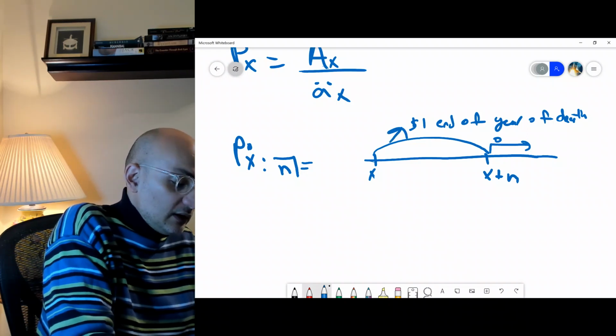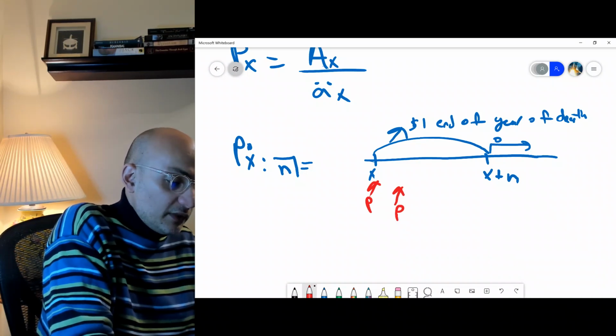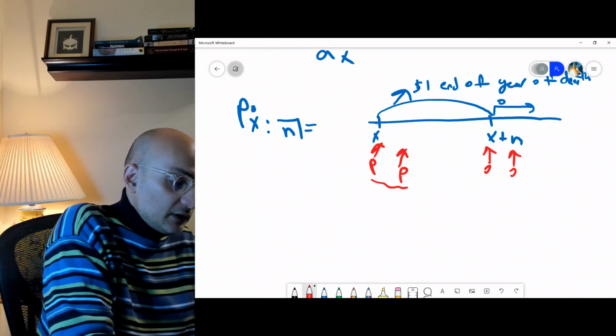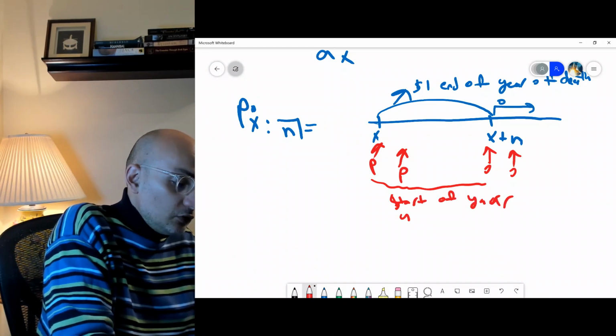What comes in is P at the beginning of the year, and here 0. At the start of the year, you pay the premium.